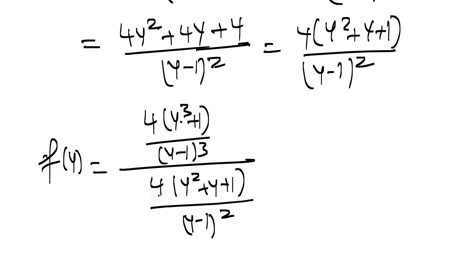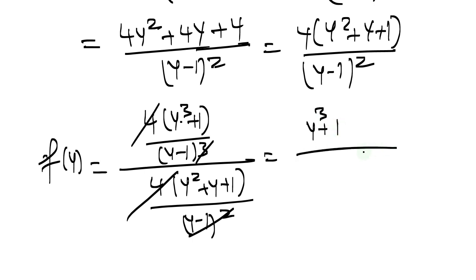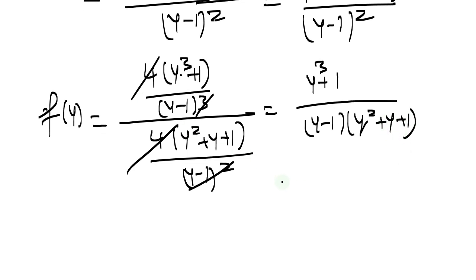So we're gonna simplify 4 with 4, and then we're gonna simplify the exponents 1 and 3, and then this will become (y to the 3 plus 1) divided by (y minus 1), which multiplies (y squared plus y plus 1), and then multiplying these two here, we're going to have y to the 3 minus 1.